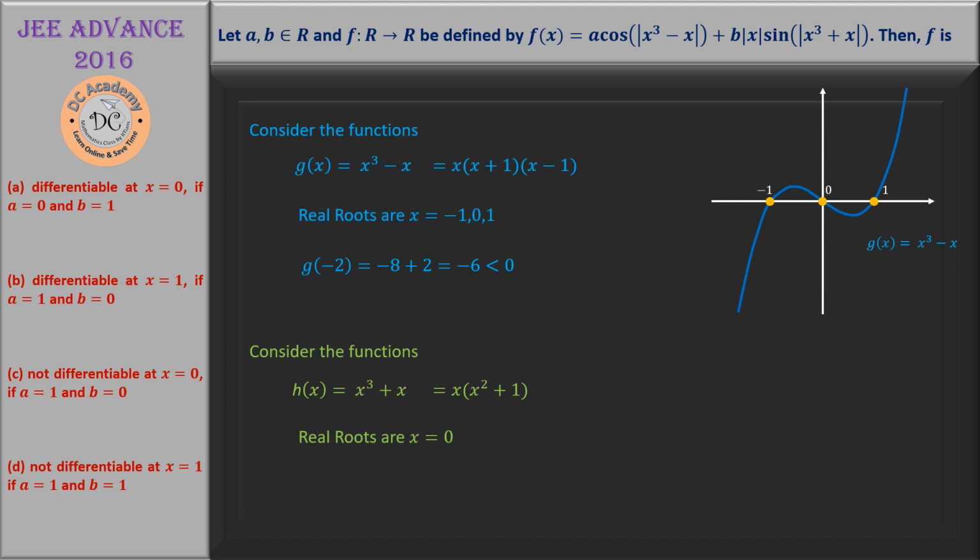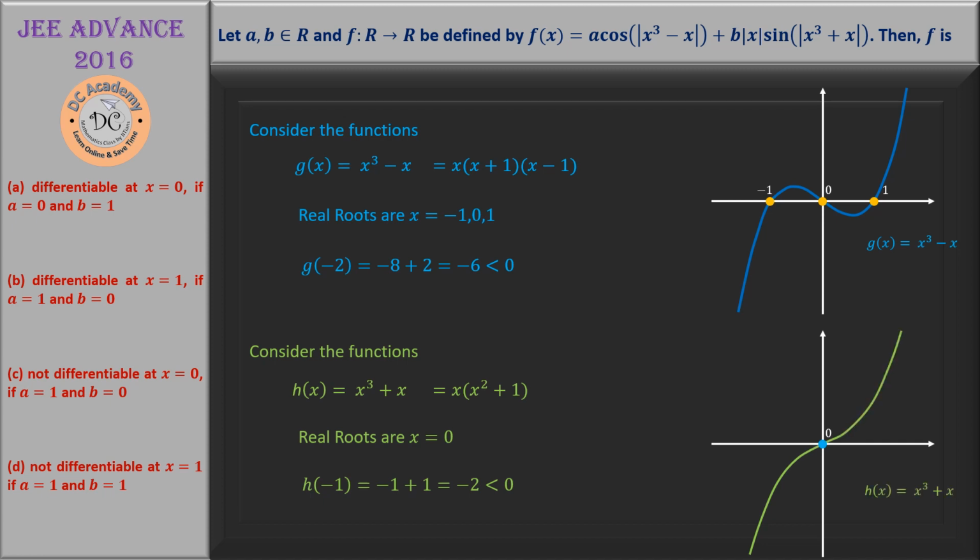Here we compute h(-1), which is equal to -2, less than 0. Based on the previous logic, we can easily draw the graph of h(x). These are the graphs for h(x) and g(x), and this is very crucial to solve this particular problem in a faster way. Let's go ahead.